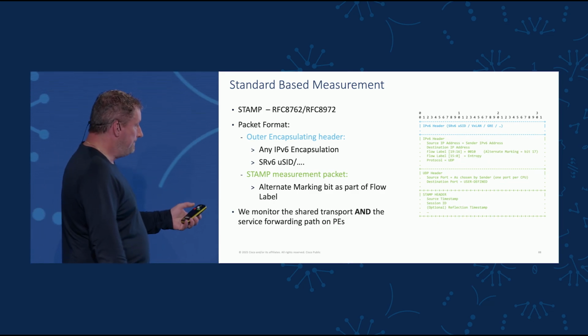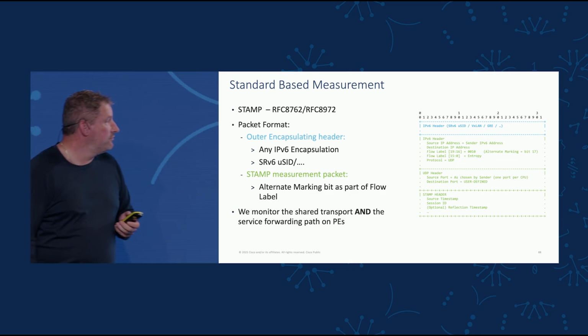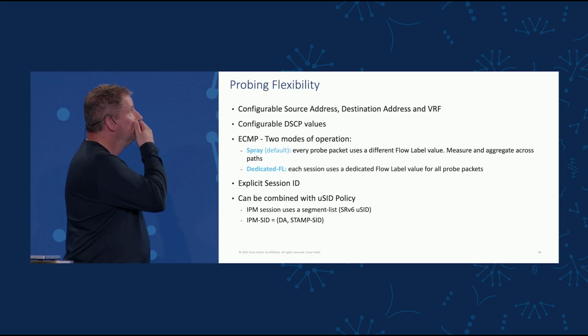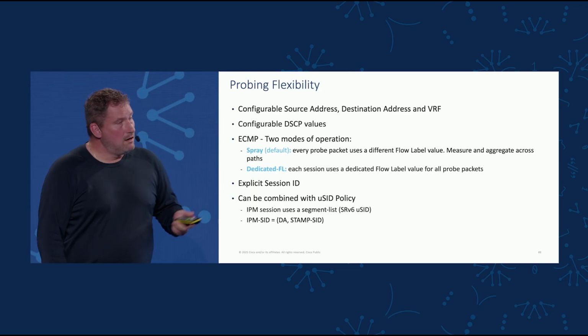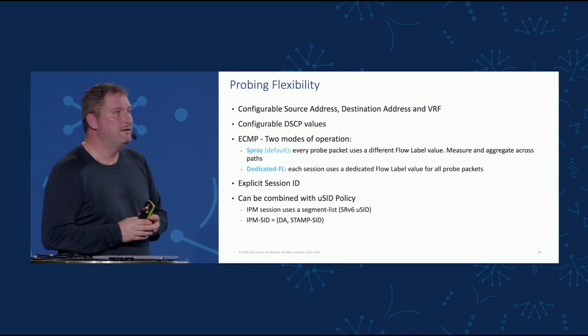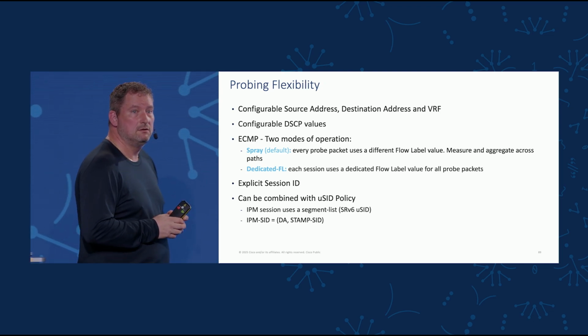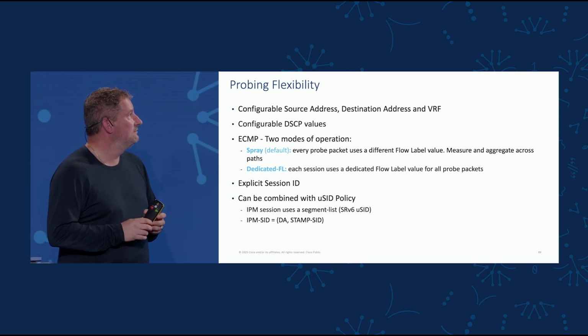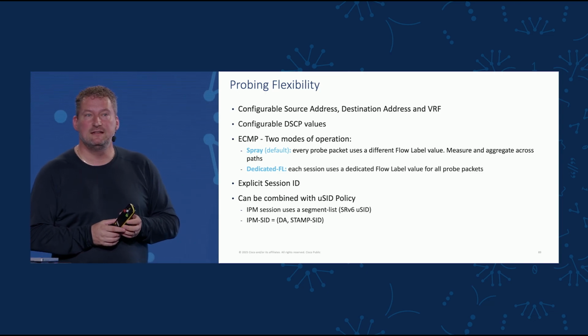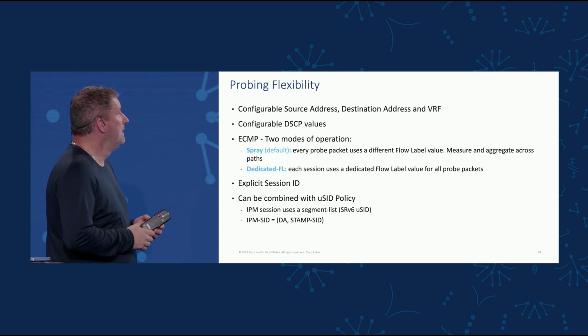So we monitor the shared transport and the service forwarding path on the PEs. In IOS XR, right off the bat, when we FCS, which is probably going to be 25.4.1, so end of this year, maybe early next year. I'm a product manager, so if I set your expectations, I'll say first half of 26, and then I'll try to over-deliver, okay?